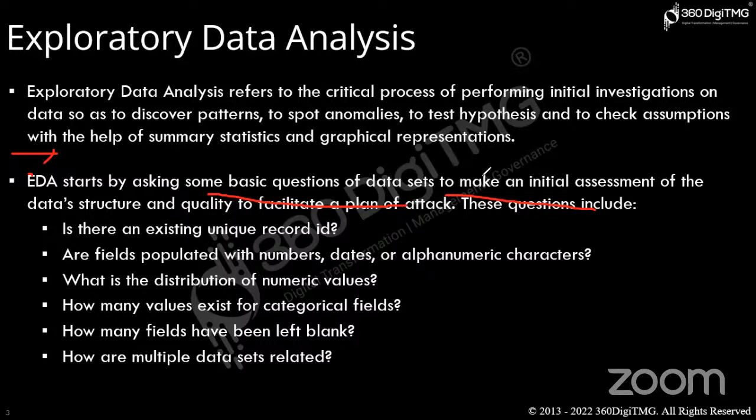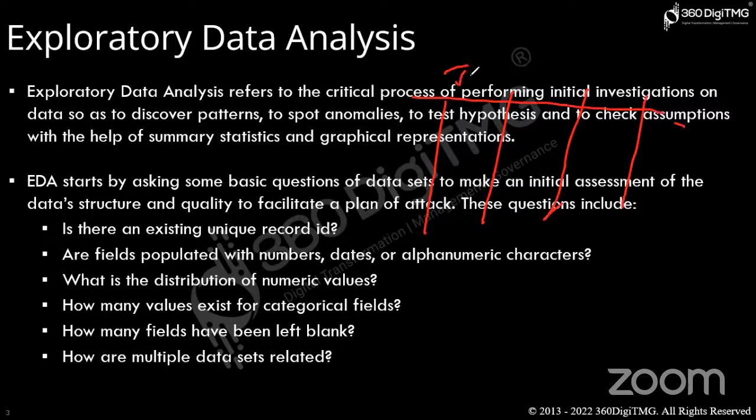Then, based on that, try to ask: is there any existing unique record ID in the data set provided by the client? Are the fields populated with numbers, dates, and alphanumerical columns? What does this mean? Whenever we receive the data, we will have different data types.